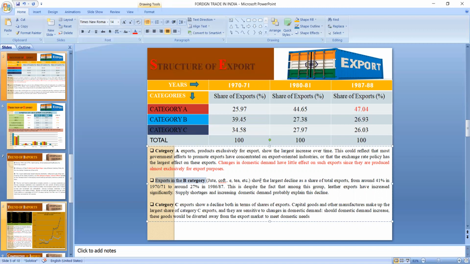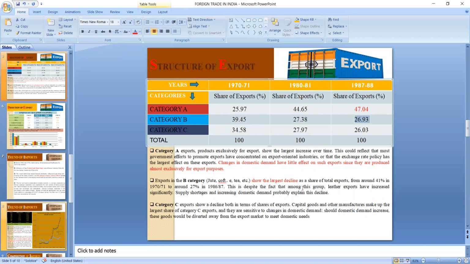So the largest decline over the years. It declined from around 40% in 1970-71 to around 27% in 1987-88.